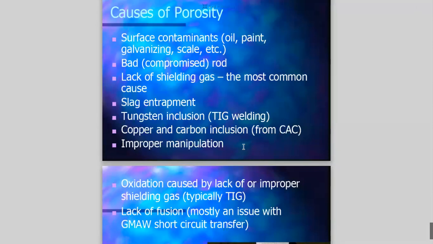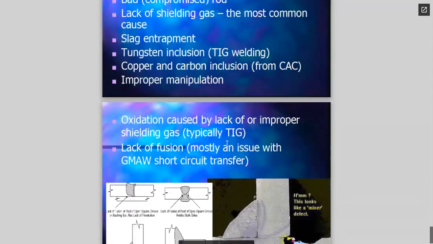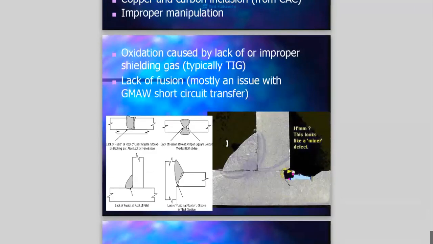You let the slag get ahead of your rod, you trap some slag in your weld. So, oxidization caused by lack of or improper shielding gas, typically TIG. Lack of fusion, mostly an issue with short circuit transfer.